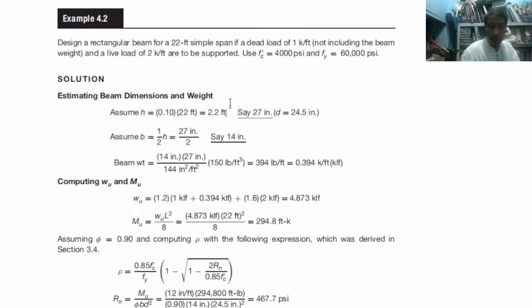That is how you assume. The span is 22, therefore 2.2, so 2.2 is about 27. Therefore, d is about 24, or here 24.5. If you use 1/2 h as equal to b, therefore b is about 14.